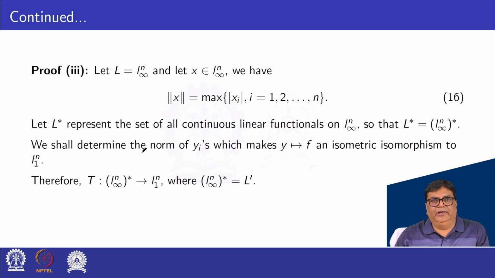We shall determine the norm y which makes y to f an isometric isomorphism to L1n. Therefore, T such that L infinity n star to L1n, where L infinity n star equal to L dash.